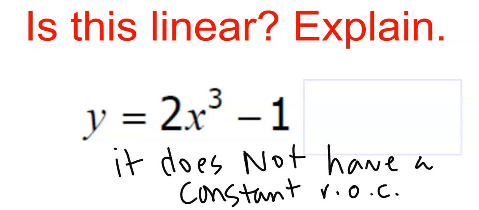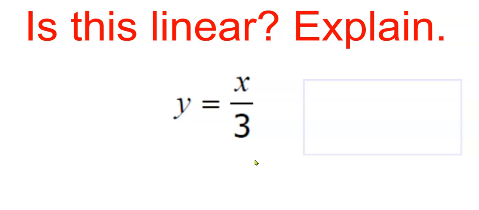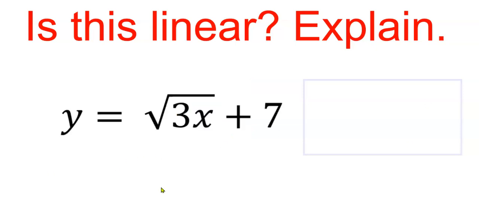It's the same answer every time. How about this? Is it linear? Yes. Explain why? It has a constant rate of change. Is this linear? No. Explain why? It cannot be written as y equals mx plus b. It does not have a constant rate of change.